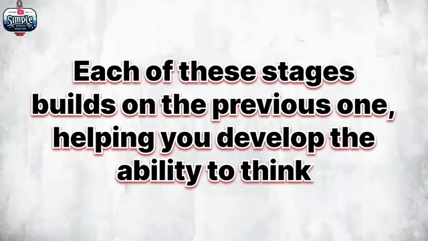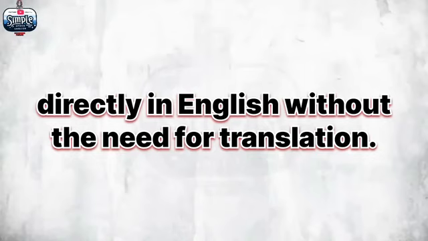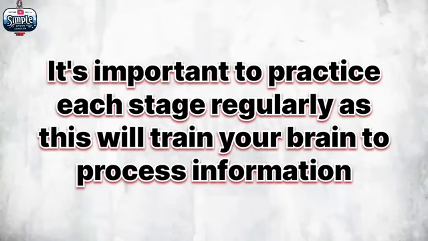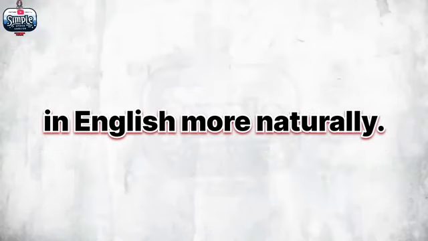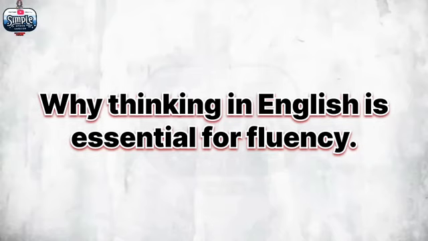Each of these stages builds on the previous one, helping you develop the ability to think directly in English without the need for translation. It's important to practice each stage regularly, as this will train your brain to process information in English more naturally.